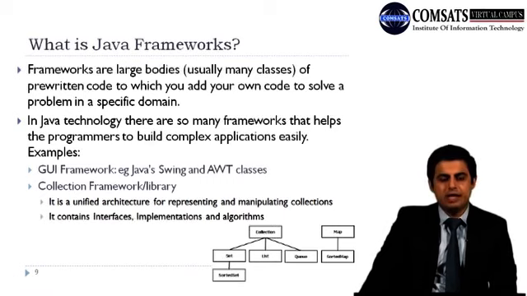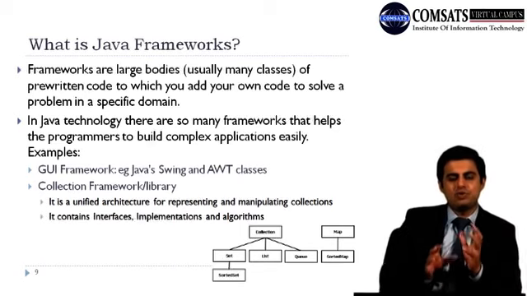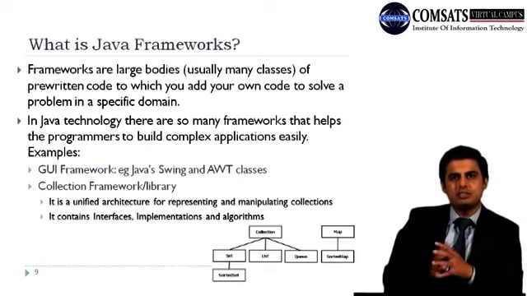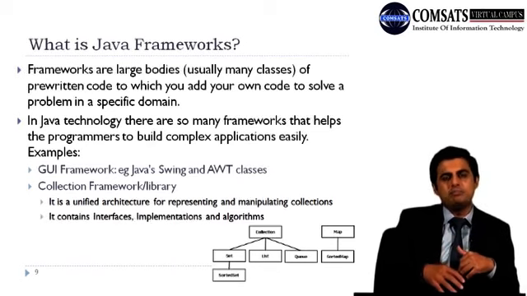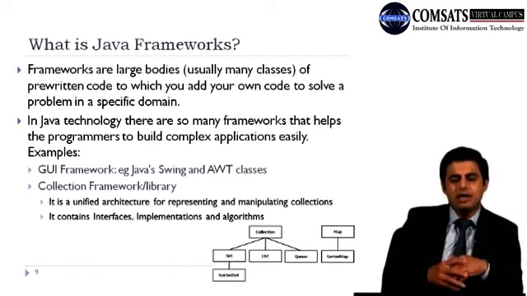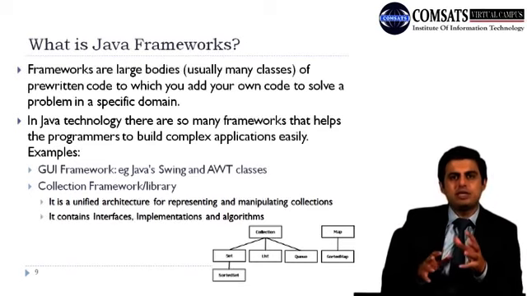So it contains interfaces, implementations, and algorithms as well. The collection framework does not only have collection related code, but also interfaces, implementations, and algorithms. They have classes which you can either implement or extend, and you can override their methods to change the collection according to your own needs.